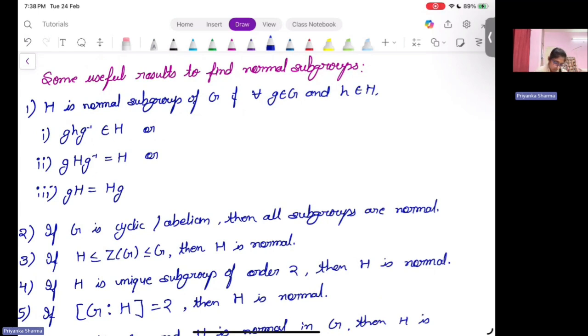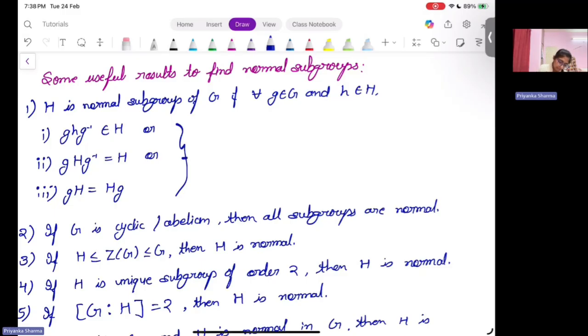So first we recall some useful results on normal subgroups. If H is a subgroup of G, then this will be normal if any of these three conditions is true.